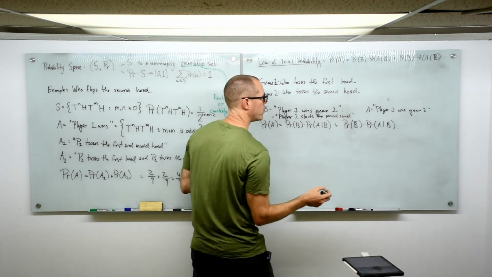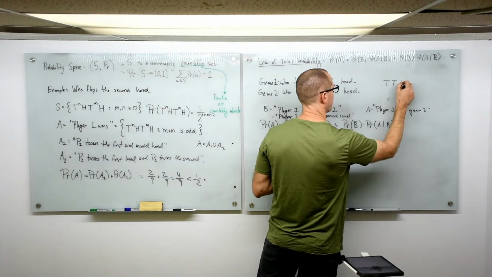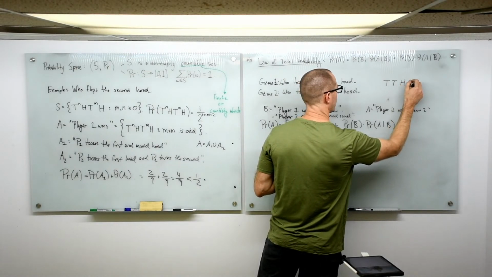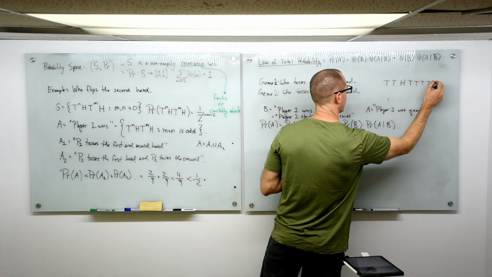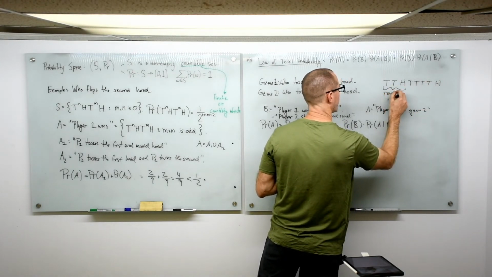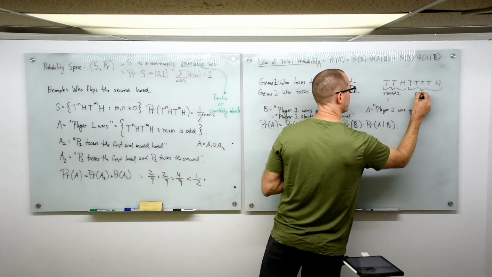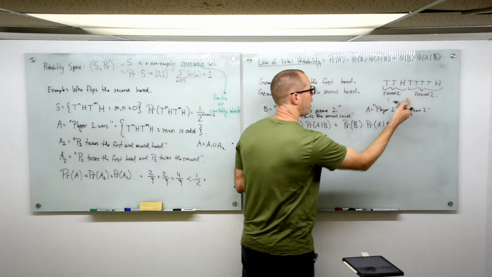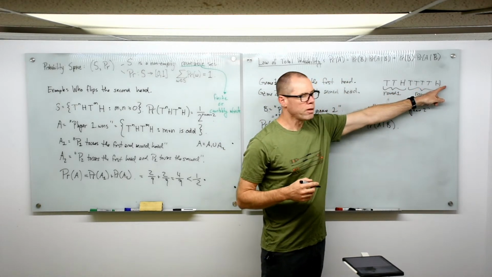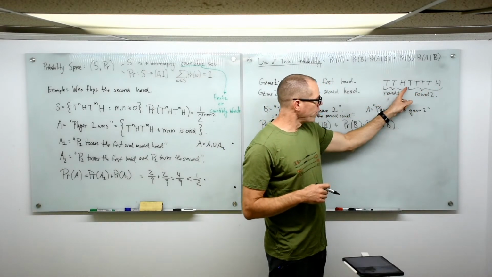Okay. So, the picture looks like this. So this is round 1, everything up to the first head, and this is round 2, everything after the first head and up to the next head. And notice round 2 looks just like the first game, right?